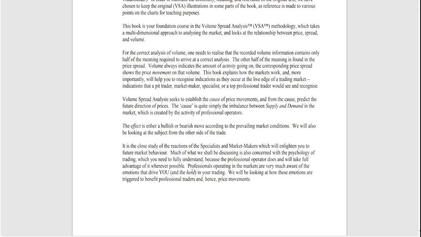Now, the professional players operating the market are aware of the emotions that drive you. They know how people react as a herd. If there is good news, everyone goes for buy, pressing buy buttons, and if there is bad news, everyone goes for sell. So there is a herd instinct in it.